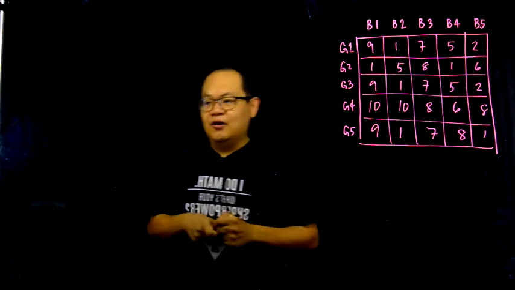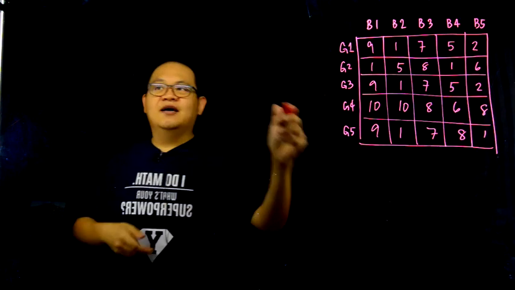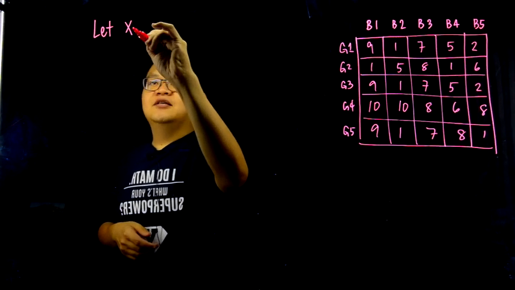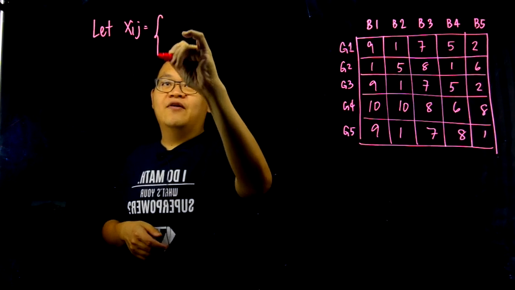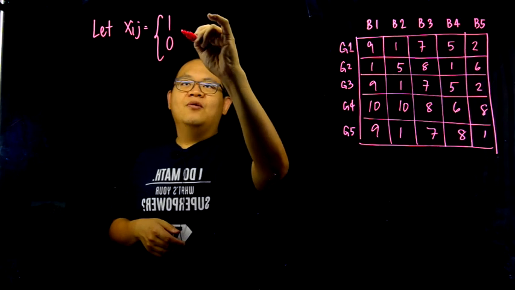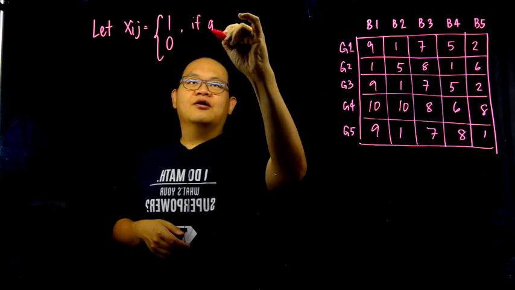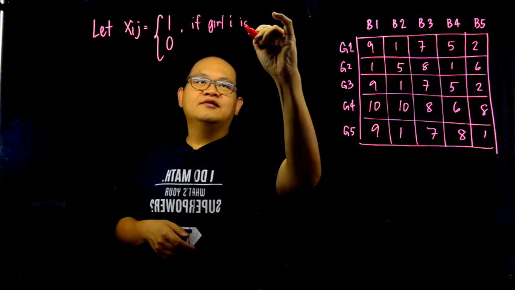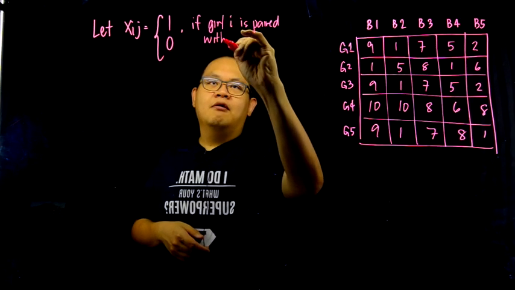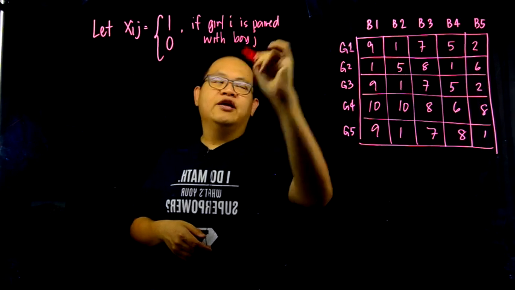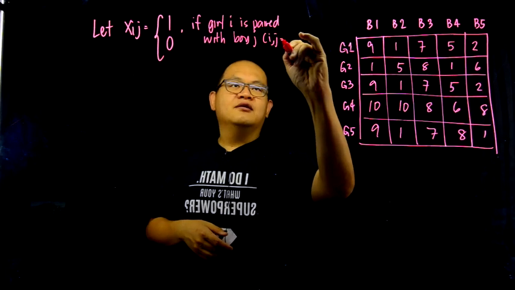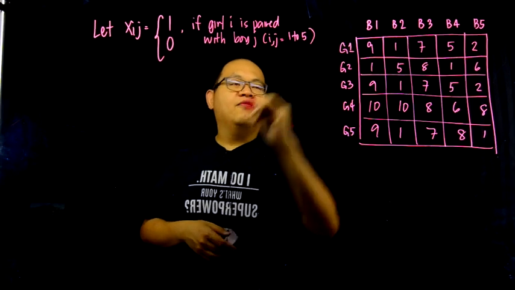Okay? Now, if you get that idea, then I will define xij to be a binary variable. So xij is equal to 1 or 0. Binary 1 if girl i is paired with boy j. Okay? So i and j is equal to 1 to 5.